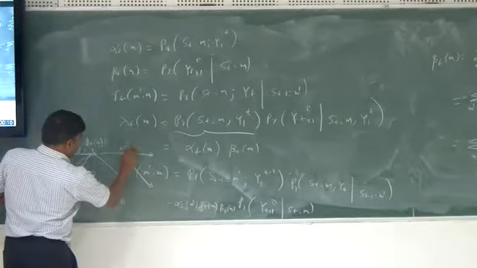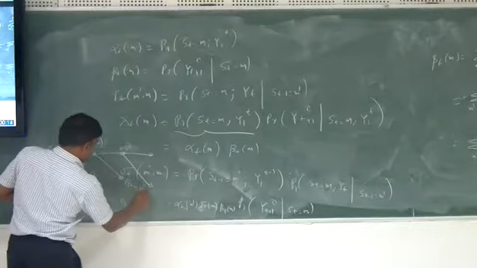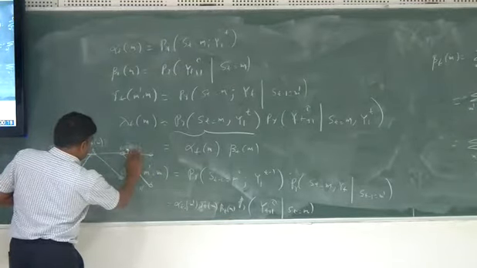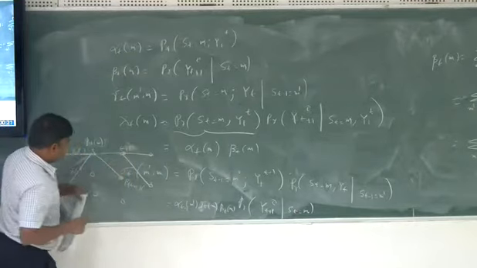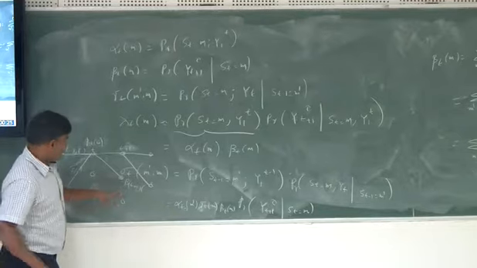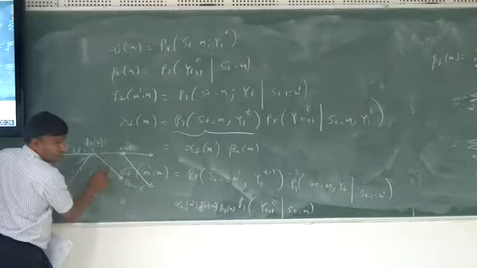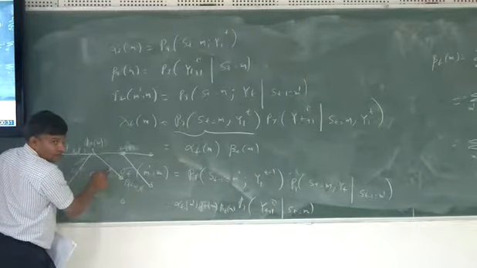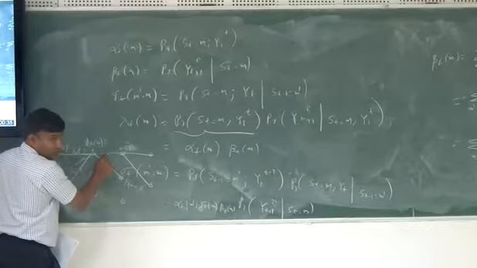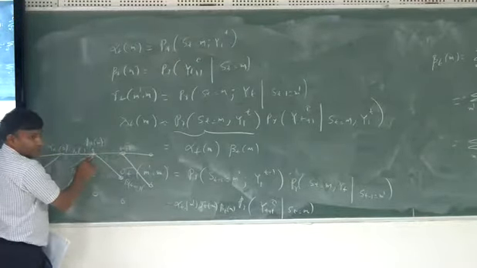Already know these two places, beta t plus 1 of 0 and beta t plus 1 of 1. So take this backward metric, multiply with the transitional metric, add them up, and you get the backward metric.